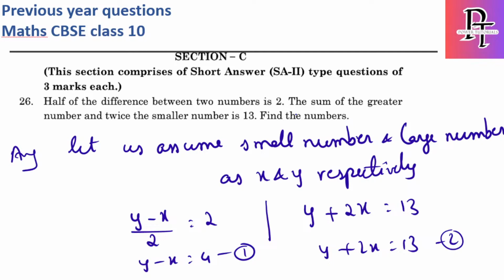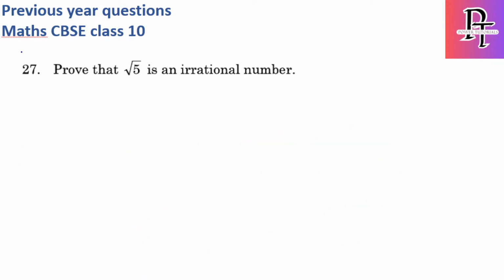Prove that root 5 is an irrational number. This is a very important type of question, because this type will definitely come and it is repeating from past so many years. Okay. So first what we have to do is assume root 5 is a rational number.